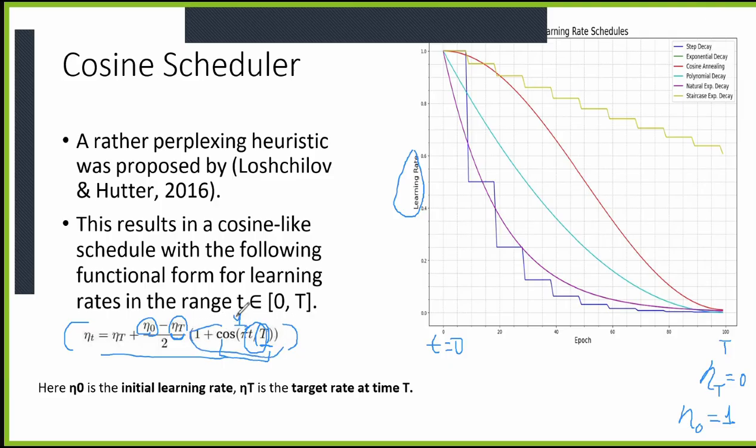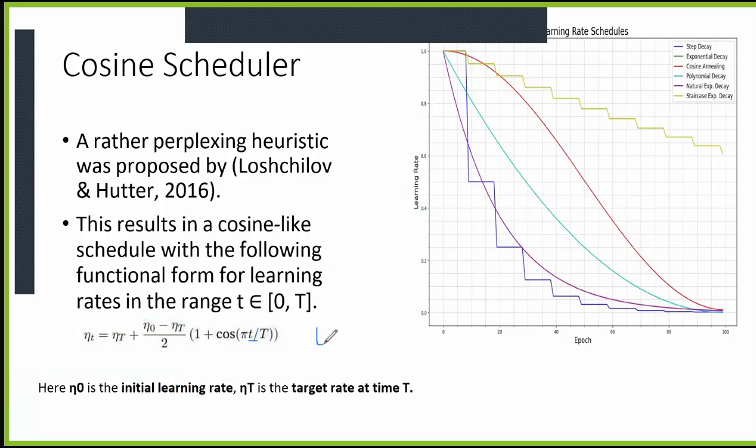So this term together, let me know if this is hard to interpret when I write, this whole term will become 2, cancel out, and then eta t cancel out, which results in the learning rate at time t equals 0 being basically the initial learning rate.